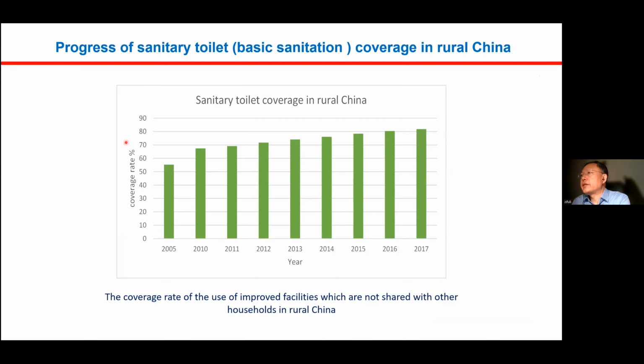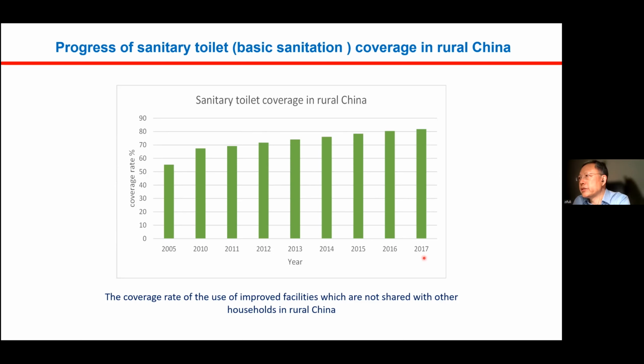And here is the development diagram. We can see that from 2005 to 2017, the toilet retrofitting program was led by the Chinese health department or ministry. After this, in 2018, it was moved to the Ministry of Agriculture.